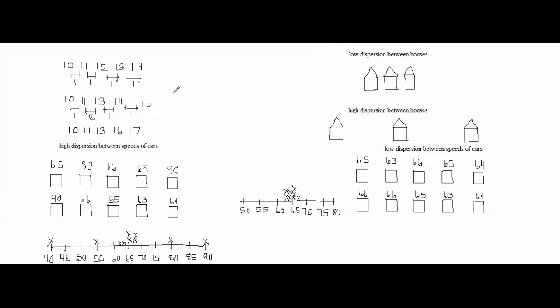Well, the reason why we want to measure spread is because if all we do is calculate a measure of central tendency, such as the mean, that doesn't tell us everything about the data. Let's imagine that I'm working at a school, and my job is to record the final exam scores of a class of 20 students, and then report what I find about their exam scores to the principal of the school.